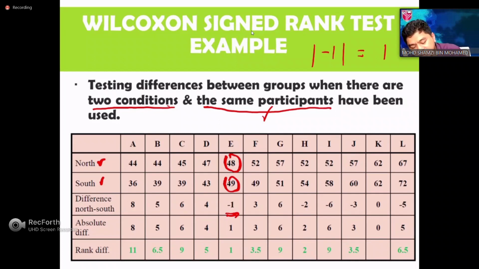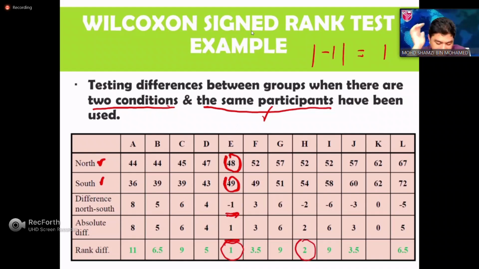So the absolute difference is 1, so it has a ranking of 1. Now, second smallest difference, what is the participant here? Participant H. 52 minus 54, difference of north and south is -2. And then you put a modulus, absolute value of 2. So you give ranking 2.